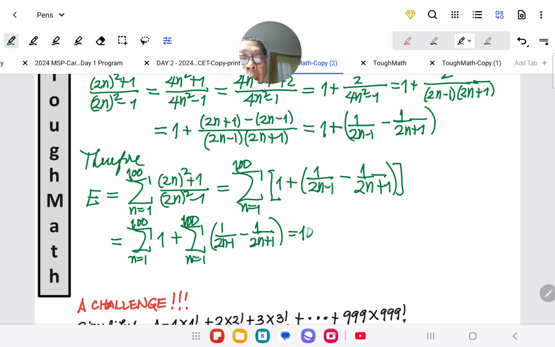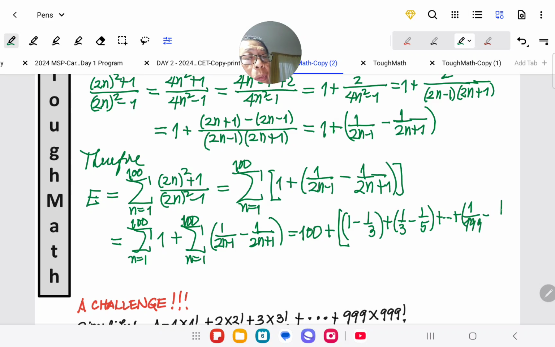which is equal to 100 plus 1 minus 1/3 plus 1/3 minus 1/5 and so on, plus 1 over 199 minus 1 over 201.